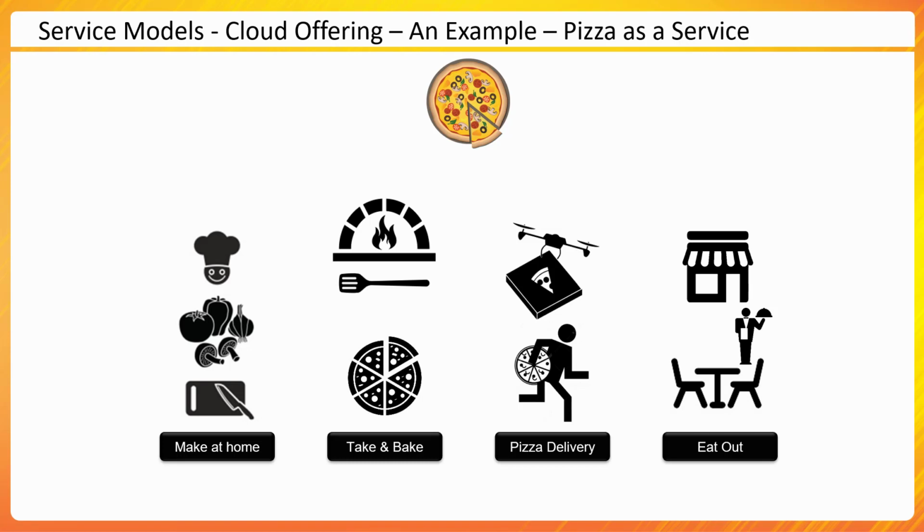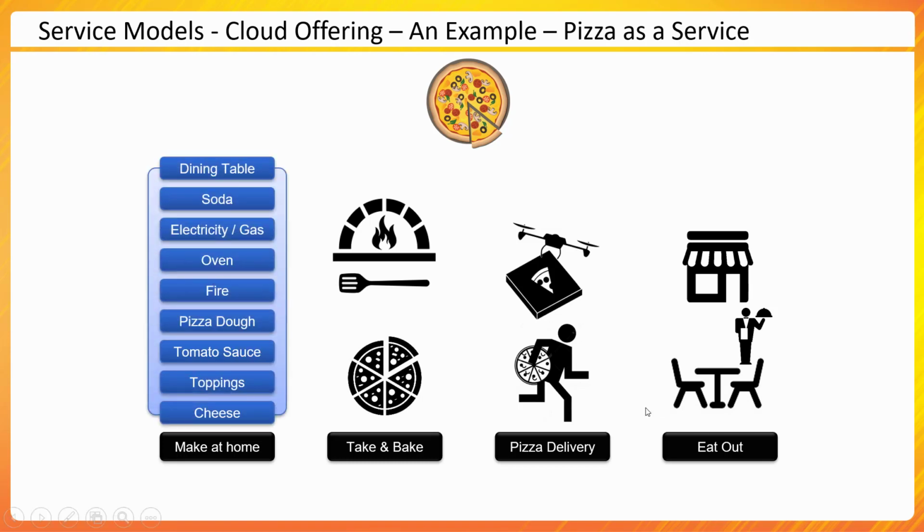Now, let's see how my responsibility would change with every model which we are having on the screen here. So if I'm making pizza at home, then I have to take care of everything. I have to select the cheese which will go into it, which toppings I want to add, tomato sauce, pizza dough, fire, oven, electricity or gas, soda, and dining table. I would be managing all these things if I want to enjoy my pizza.